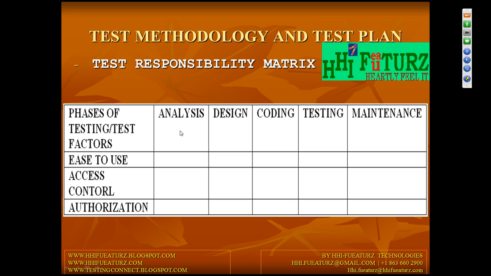For compose mail, you are covered, so tick mark, tick mark, tick mark. For inbox, tick mark, cross mark. A cross mark means it was not covered, so you should come up with that. Like that, you create the traceability matrix.